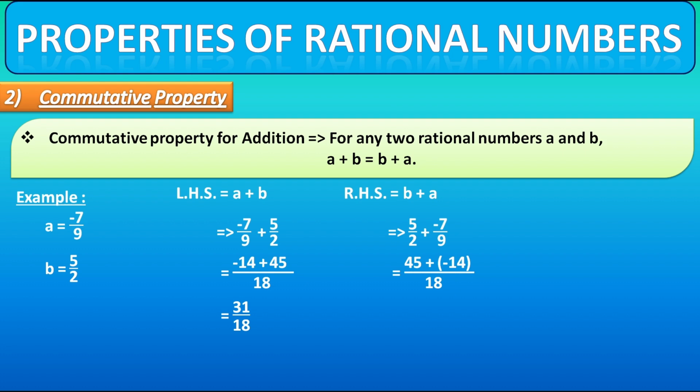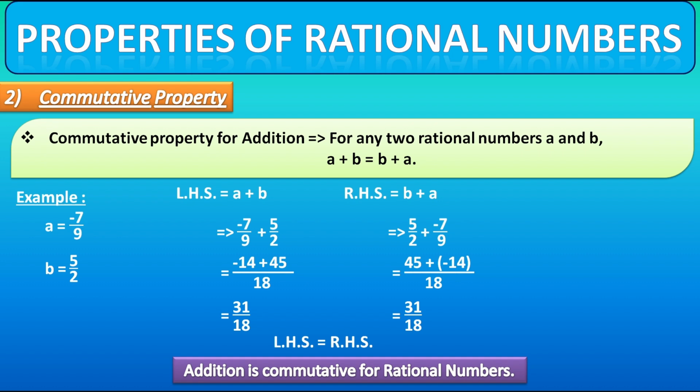Now 45 minus 14 is equal to 31 upon 18, which is equal to the LHS part. Therefore we can say LHS is equal to RHS. That's why addition is commutative for rational numbers.